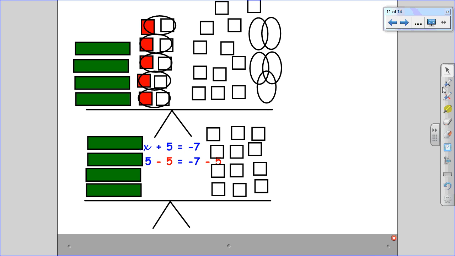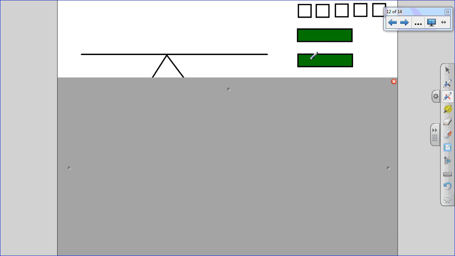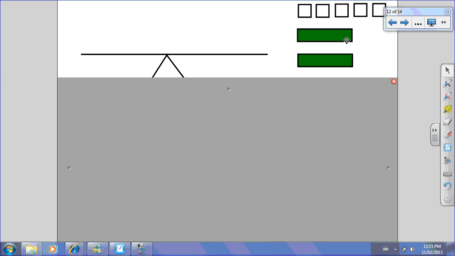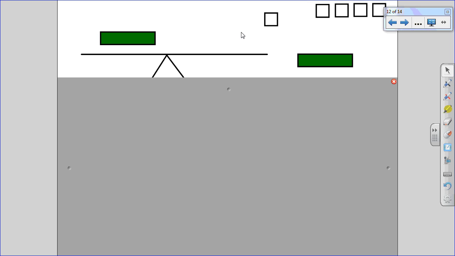And I'm going to split them up again. So split each x up and share those tiles, and each one ended up with negative 3. So x equals negative 3.